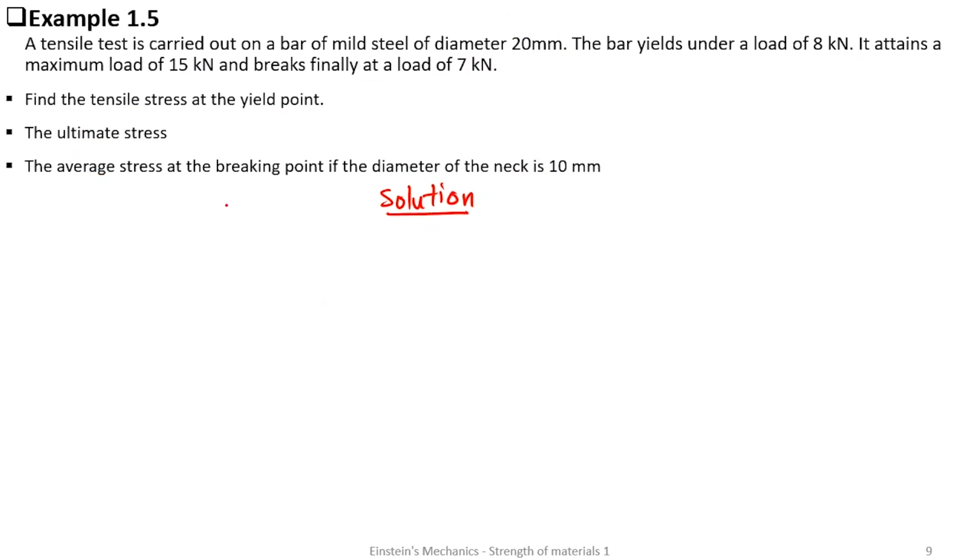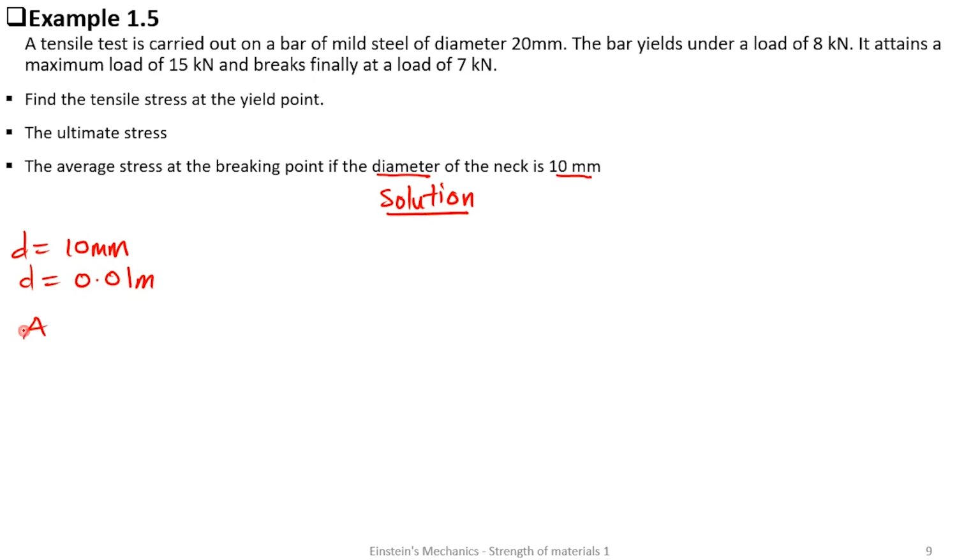Now, at the breaking point, the diameter of the neck is 10. So we have our new D, diameter is 10 millimeters, which is 0.01 meters. So let's find the area.